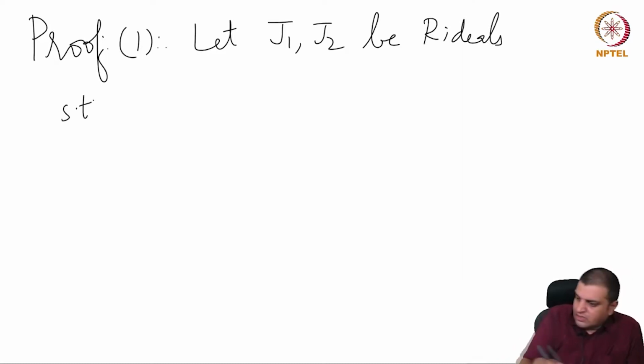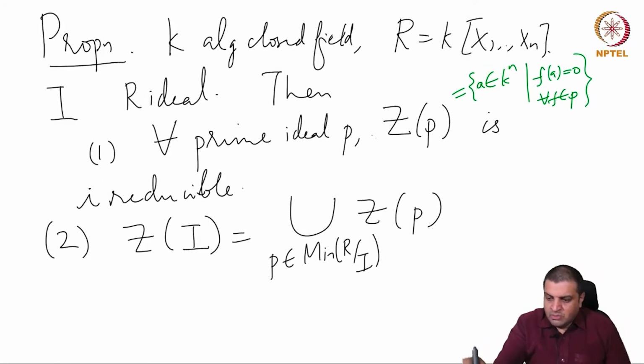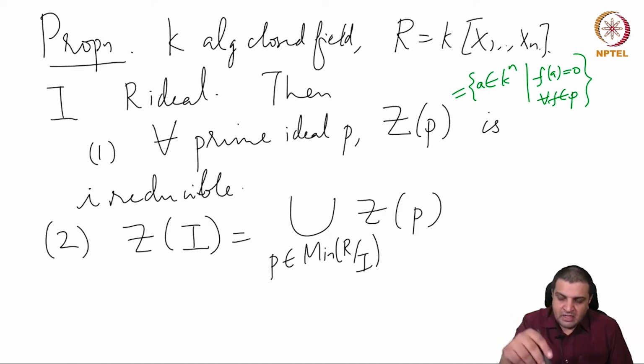such that, and let me just remind you, whenever we say topological statements about Z of I, it comes from the Zariski topology on K^n. Because K is algebraically closed, points of K^n correspond to the maximal ideals of this ring. The maximal spectrum of R is a subset of Spec of R, which has a Zariski topology, and the maximal spectrum gets a subspace topology.